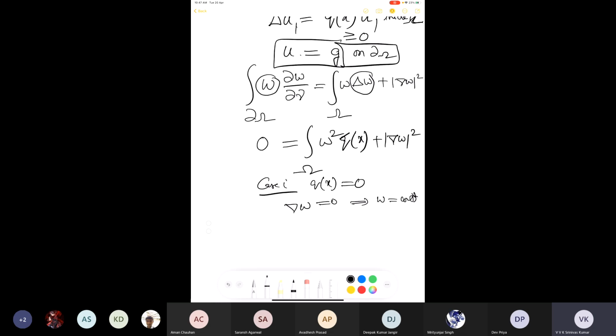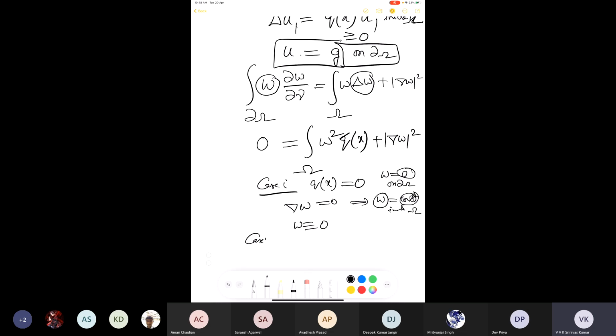And by continuity, because w is equal to 0 on the boundary, and w is constant inside omega, that constant has to be 0. So w is identically 0.